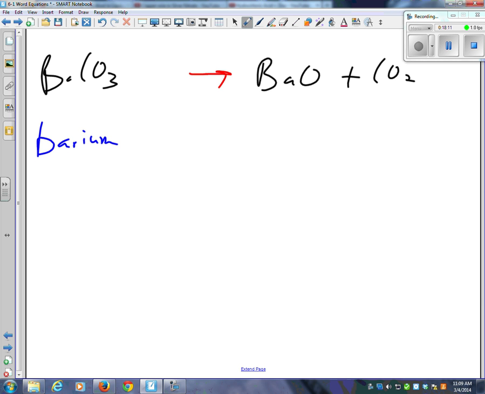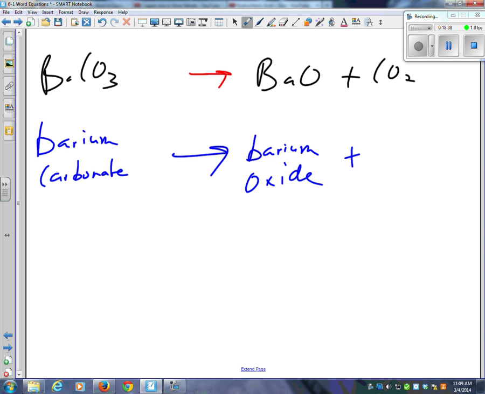Exactly. Barium carbonate. Okay. BaO. This is the products here. BaO is going to be what? Barium. Just the O is going to be what? Oxide. Remember? We always end in "ide." Oxide. CO2. I hope you know it. You're producing it right now. Carbon dioxide.